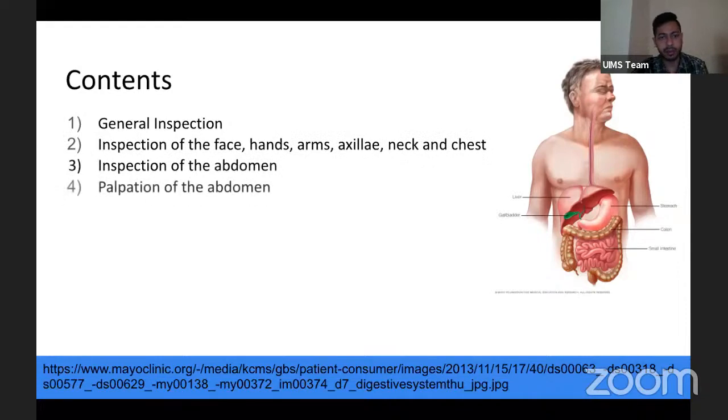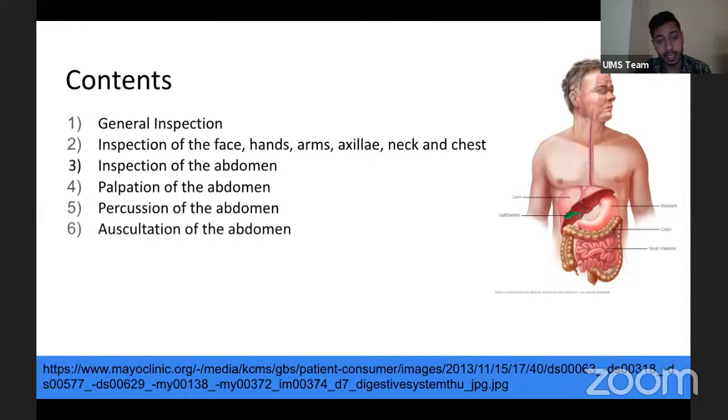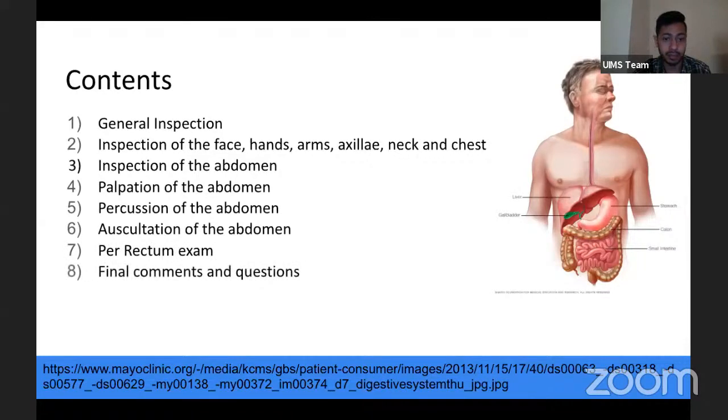Then we'll talk a little bit about inspection and palpation of the abdomen, followed by percussion, then auscultation, and we'll finish things up by discussing the PR exam, or per-rectum exam. Finally, if there are any questions, I'm always happy to answer them.